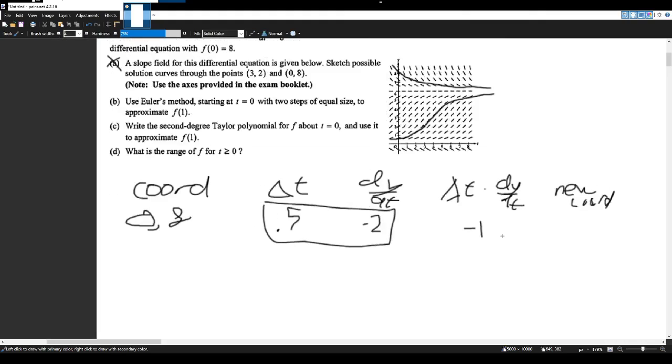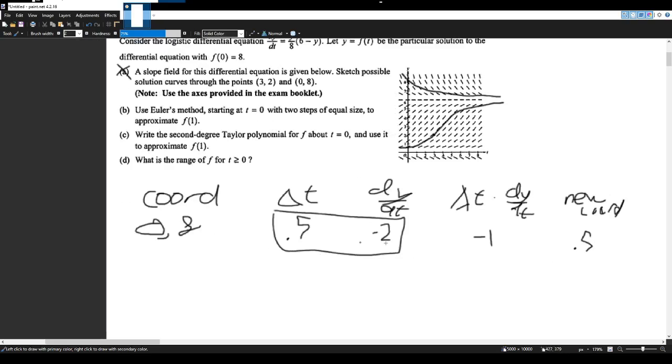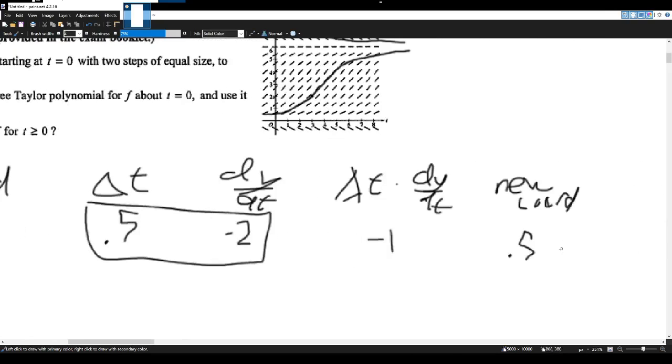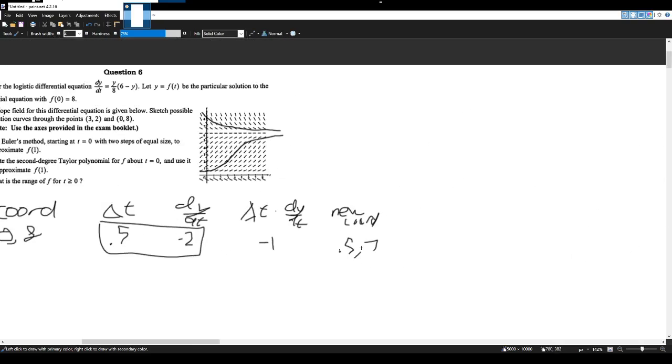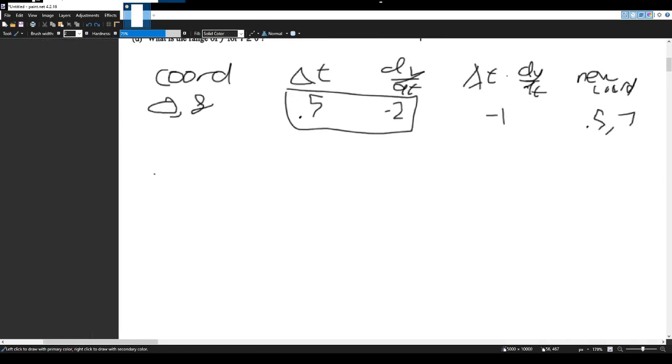Our new coordinate is this plus this, and this plus this. So t is changing by 0.5, so it goes up to 0.5, and y is changing by negative 1, so from 8 to 7. Then we take this coordinate and move it over here: (0.5, 7), and do the same process.